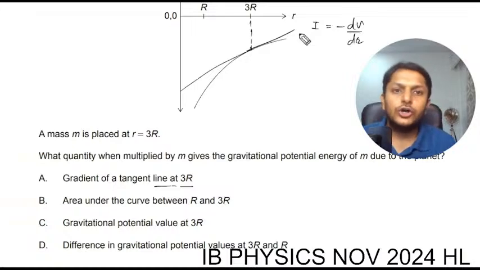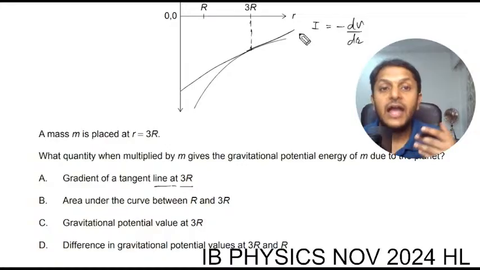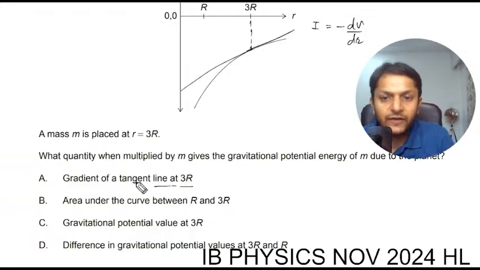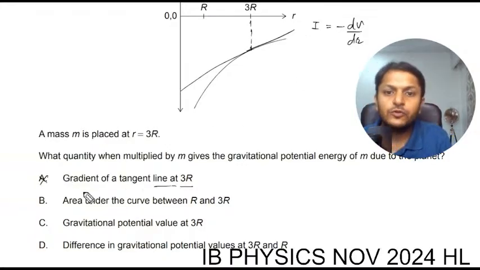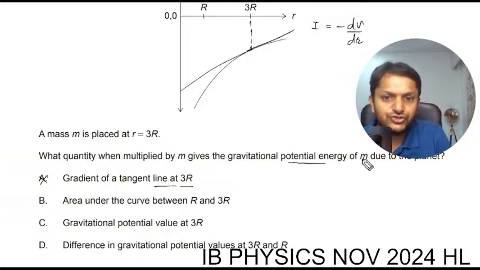So you would be finding the gravitational field intensity, or you can say gravitational acceleration at that point. So that will be because of the gradient, but we don't want it. We want to find the potential energy, sorry.